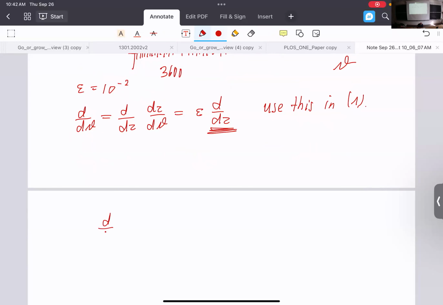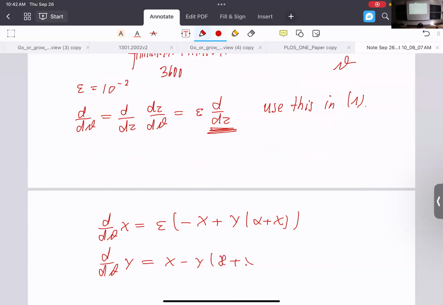So what I get is: d by d theta x is epsilon times (minus x plus y (alpha plus x)), and d by d theta y, and here the epsilon disappears from the second equation, is (kappa plus x). So then this will be equation number 3. Go back in your notes and do this replacement with the derivatives, and then you will see that this works.